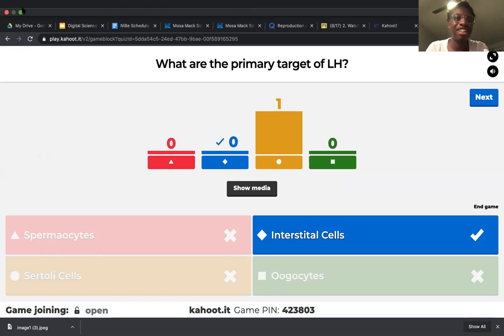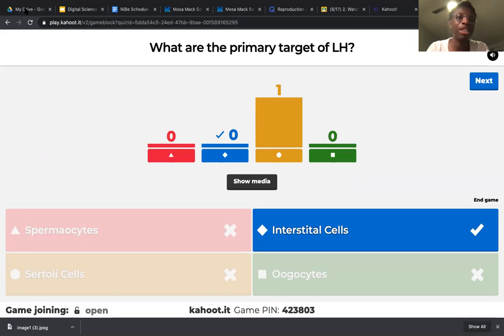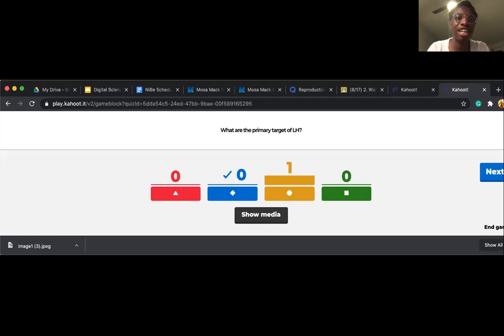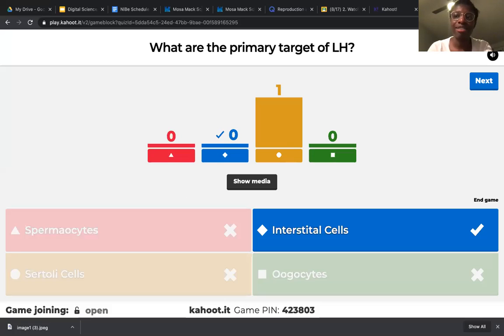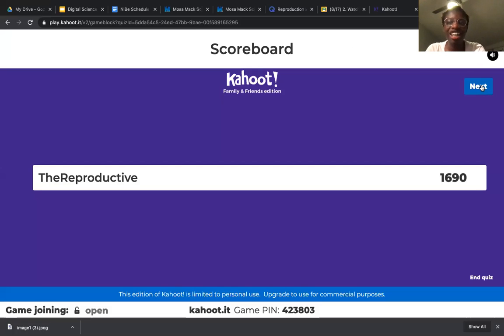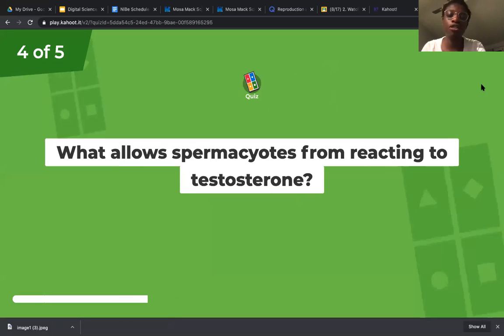Actually, let me check to make sure that was correct. Yeah, it's the interstitial cells. Wow, I got that wrong. Okay, let's go on to question 4.